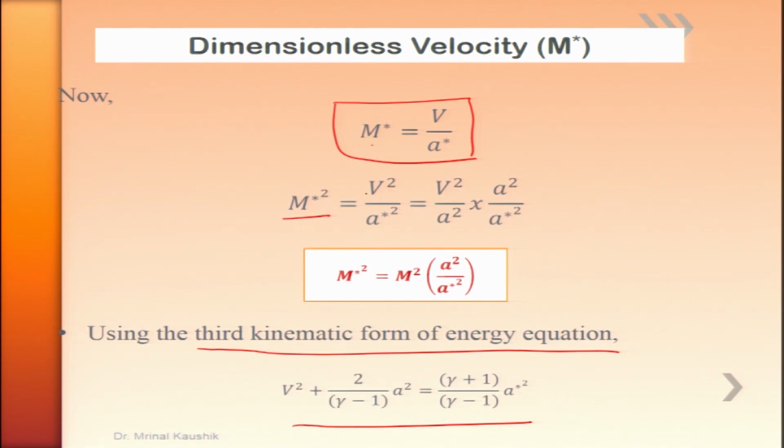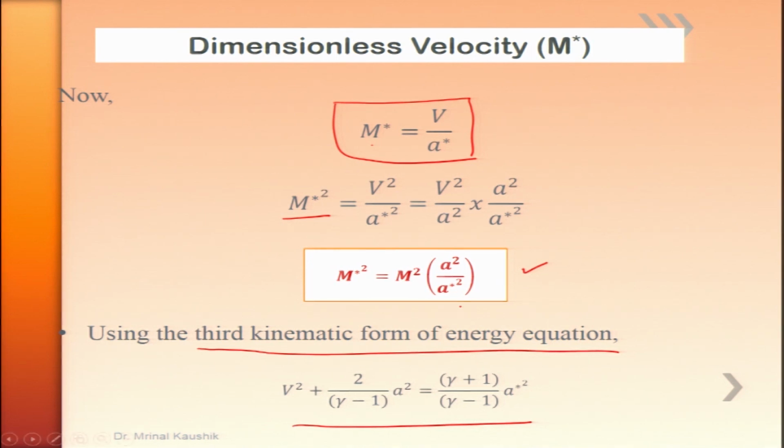M star square is equal to V square upon A star square. Now, our interest is to bring in our original Mach number, so we divide V square by A square in the denominator and multiply A square in the numerator, and then A star square. We obtain a simple relationship: M star square is equal to M square A square upon A naught A asterisk square.